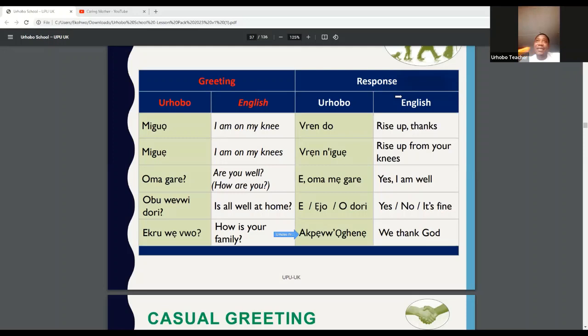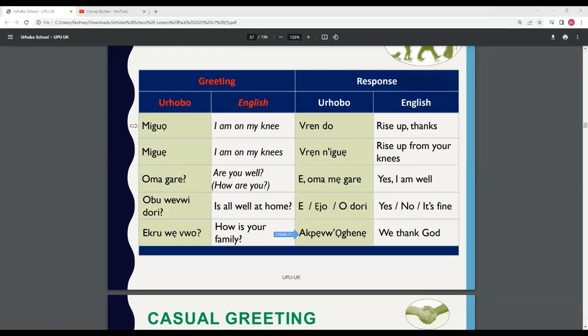But in this case, this is a conjugative word. So akpewogene, it can go there. So we thank God. Okay. Thank you for bringing that up. We thank God. Akpewogene.